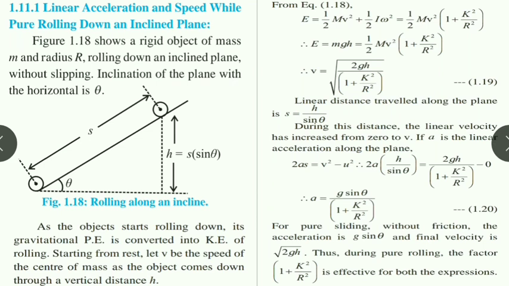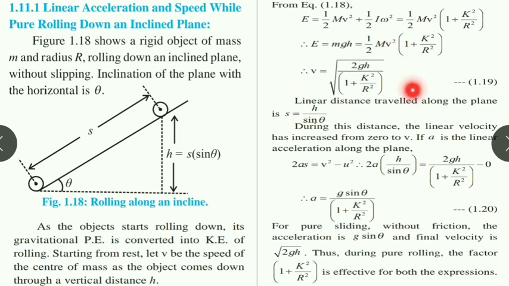Therefore v square equals 2gh upon 1 plus k square upon r square, and we know that initial velocity is 0. Therefore 2a into h upon sin theta equals 2gh upon 1 plus k square upon r square minus 0. Here 2 gets cancelled, and h gets cancelled. Therefore a equals g sin theta upon 1 plus k square upon r square.